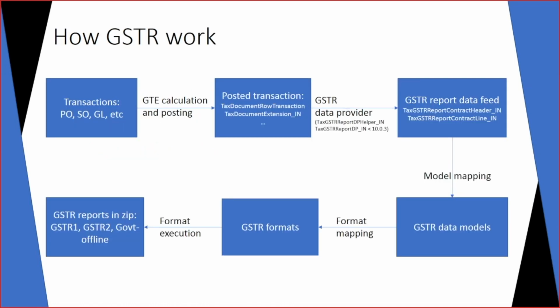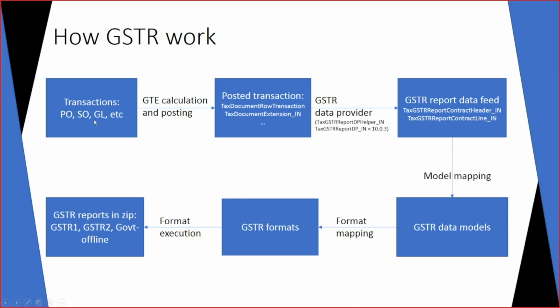So first, how the GSTR report works, or from the GTE perspective, how GTE and GSTR, the whole solution, works. In the system, first of all, you will create transactions, for example, a purchase order, sales order, or general journal.